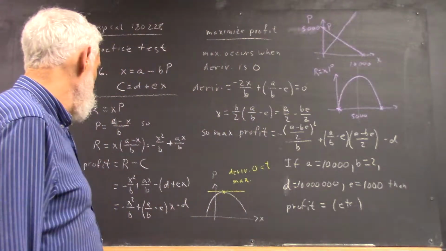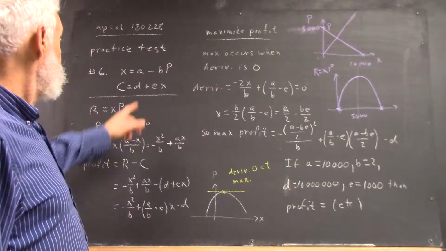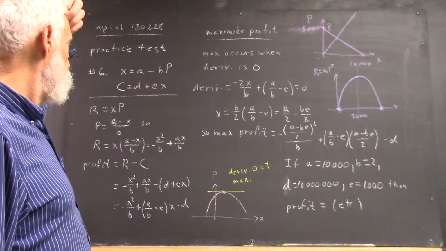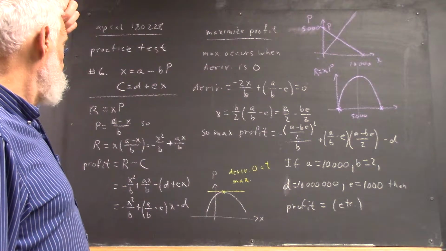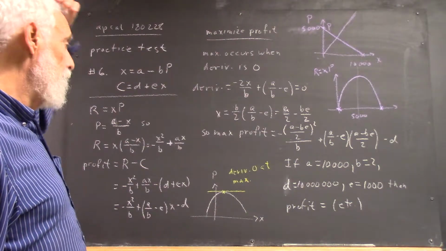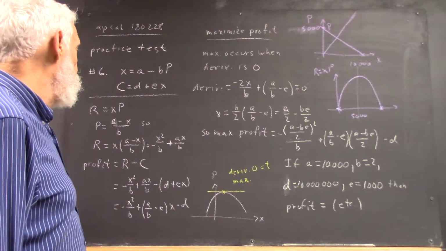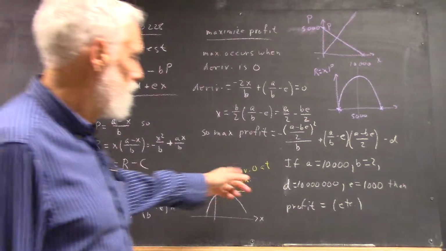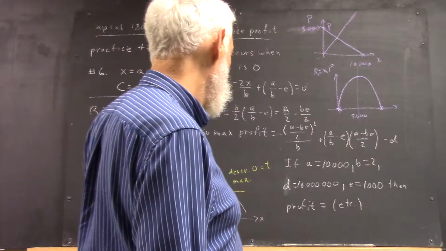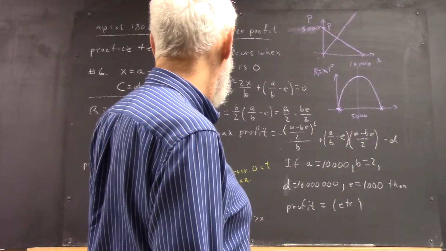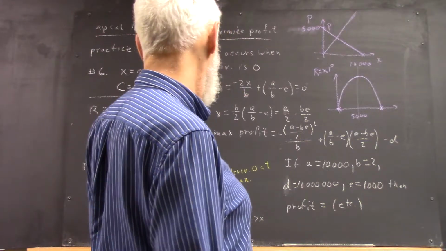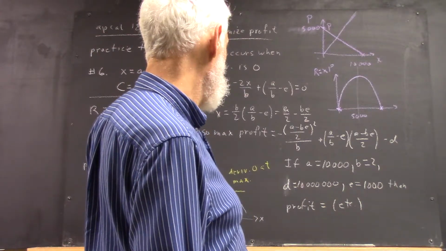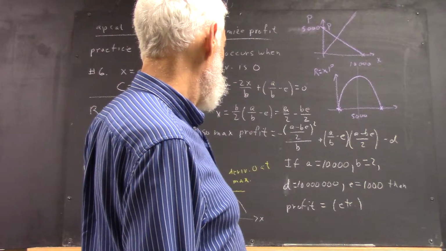If you look at the cost function, it's going to be D plus EX, which is 10 million plus E times 5,000, E being this. So it's going to be 10 million plus 5 million, that still doesn't articulate with the 16 million.